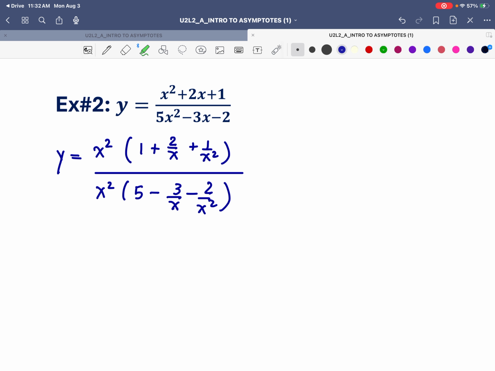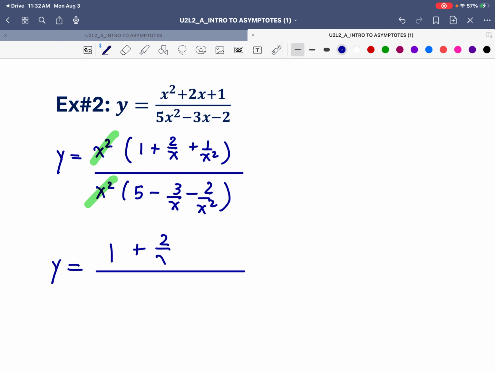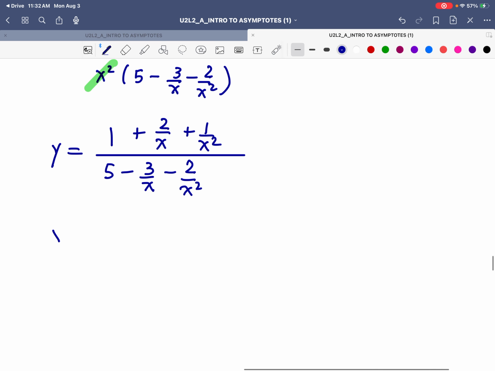So x squared and x squared will simplify, and our function is turned into this very good looking function, by the way. And 5 minus 3 over x minus 2 over x squared. So let's substitute x by infinity and see what happens.